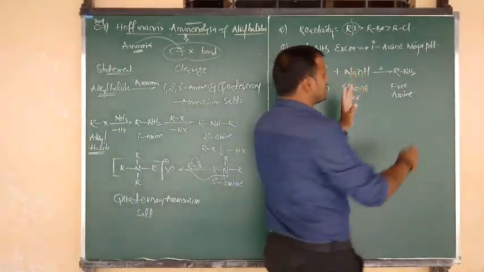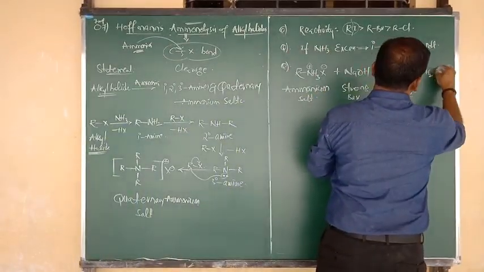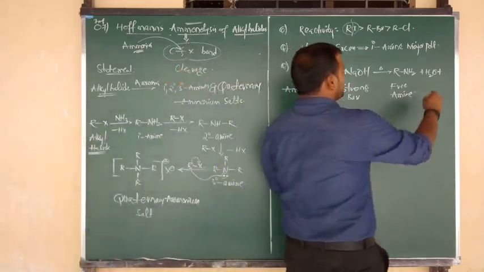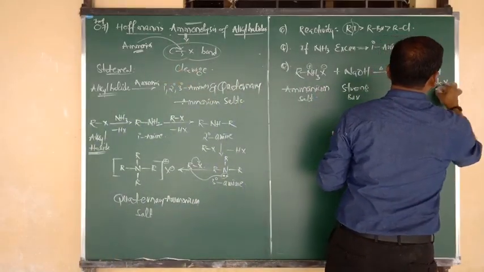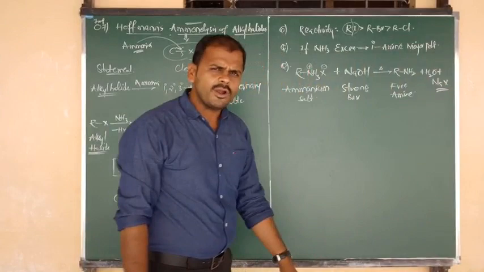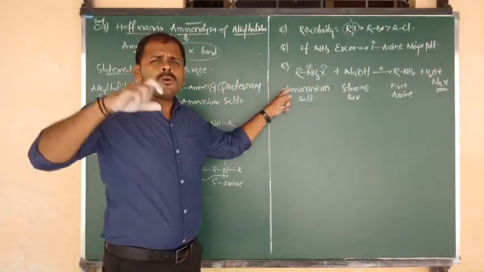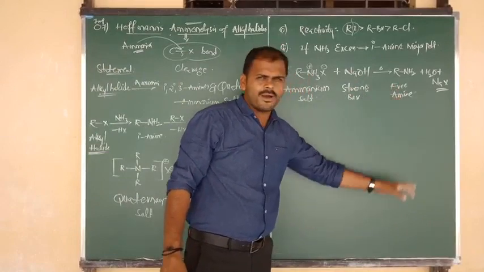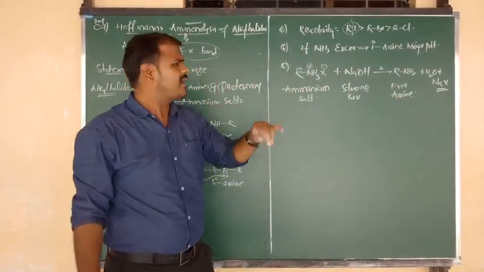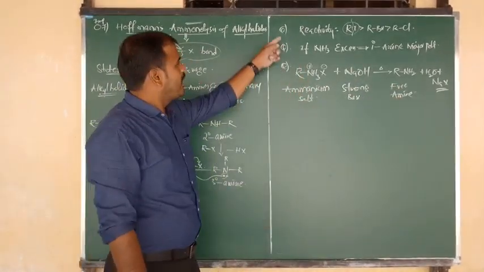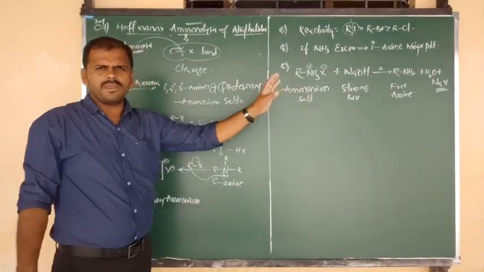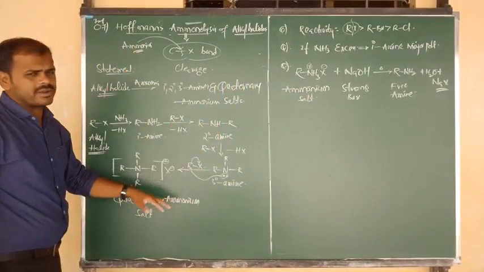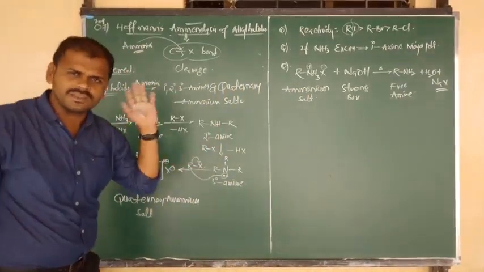H plus combines with OH minus and is removed in the form of a water molecule. Na plus combines with X minus, eliminated in the form of NaX as the byproduct. So what should we write as the answer? When ammonium salts are heated or treated with a strong base, they form free primary amines. That is the answer we have to write. All 3 are 1 mark questions, and this may be important for 2 mark questions also, so be focused. This is an important evergreen reaction for 2 or 3 marks.